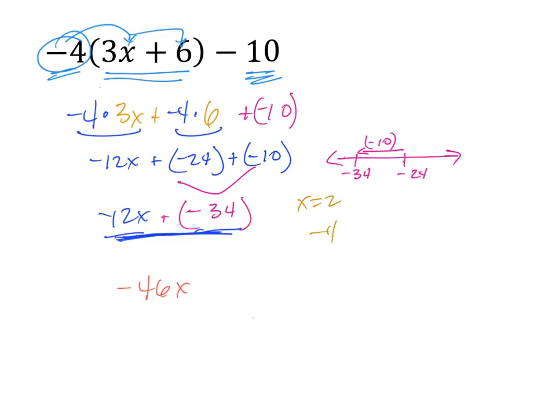So I'm going to have negative 4 times 3x plus 6, and then minus 10.